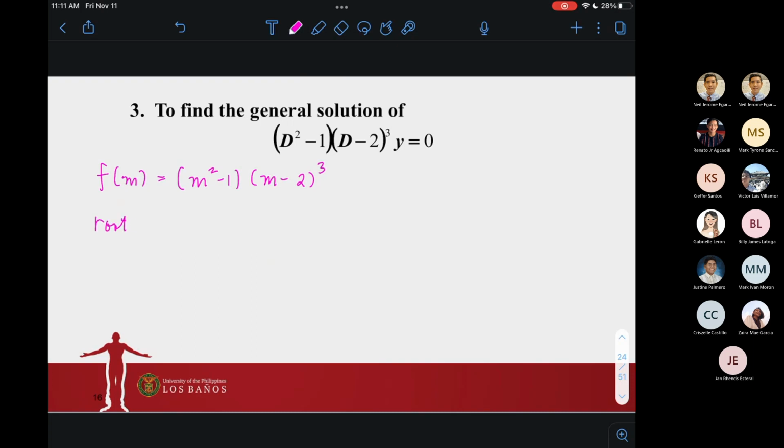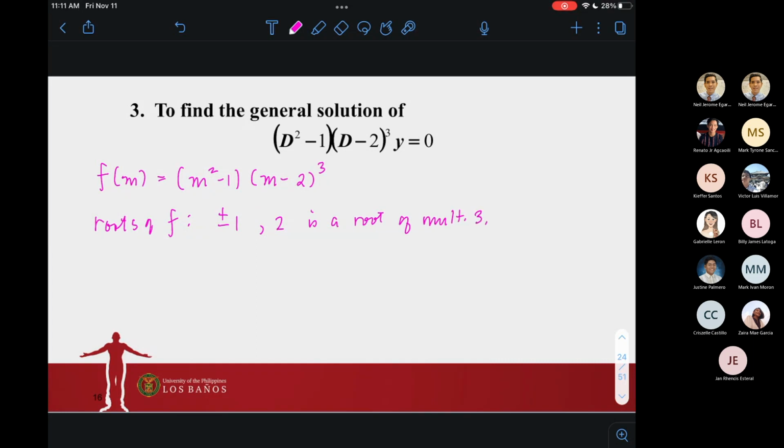Ano yung mga roots ni f? Ang mga roots ni f ay plus or minus 1. Then ang galing dito, distinct yung mga roots, so that's good. Pero dito, mayroong mga naulit. Actually here, we see that 2 is a root of multiplicity 3.